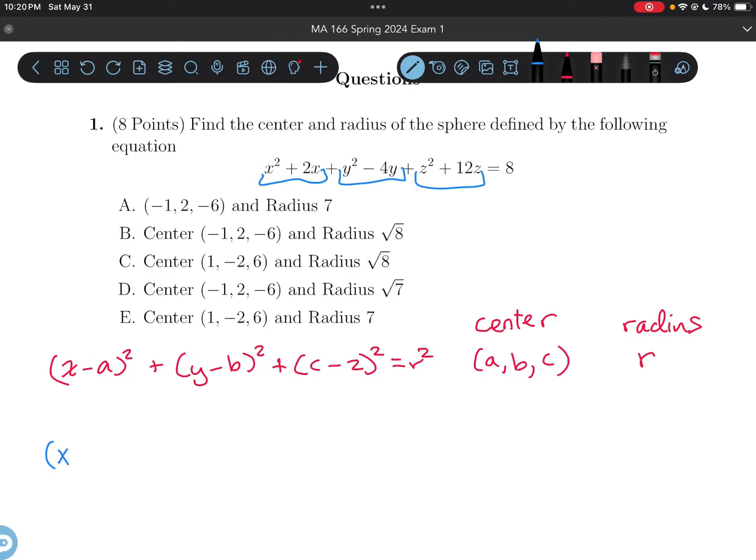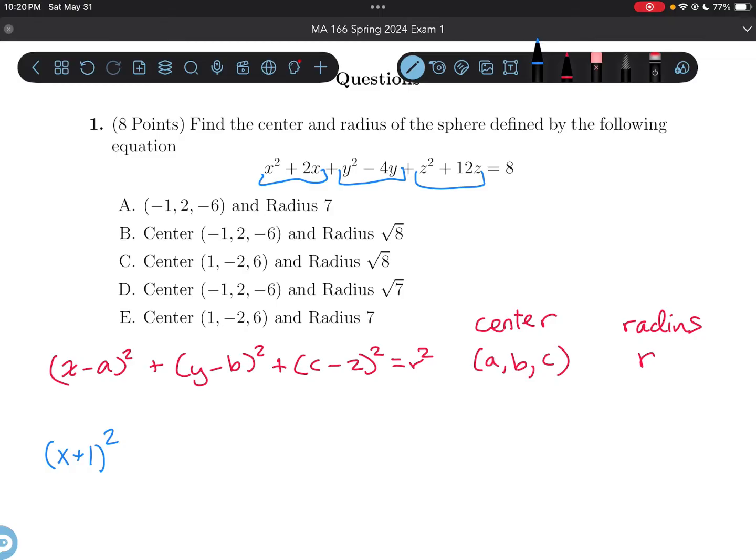And then we have 2x. To take care of this 2x, we divide 2x by 2 times the coefficient of the number we put here. So 2x divided by 2 times 1 would be 2. Sorry, not 2, 1. So to complete the square, we get x plus 1 squared.